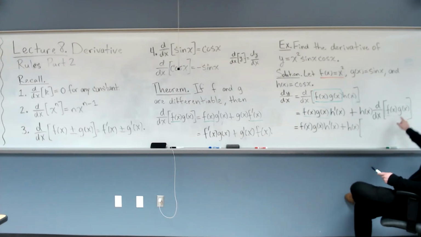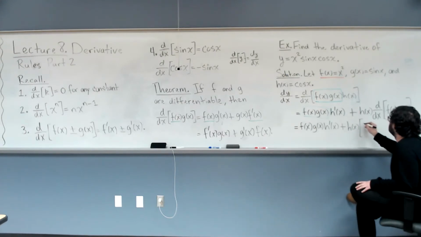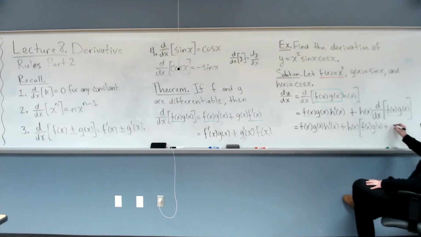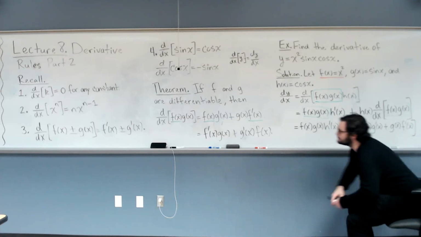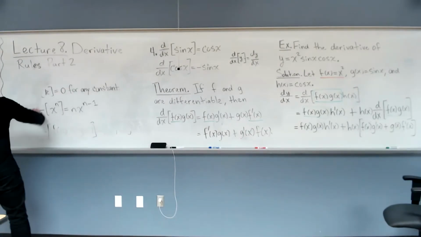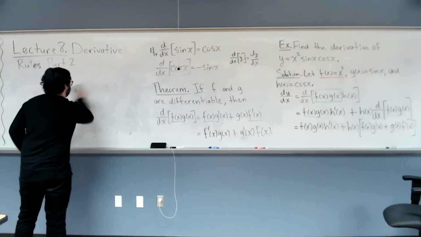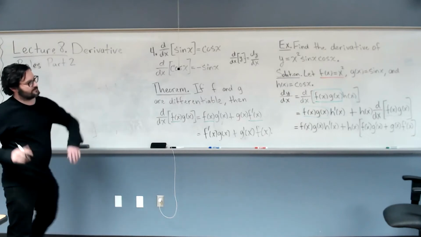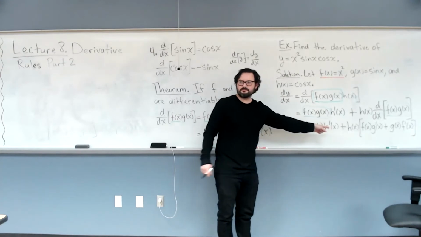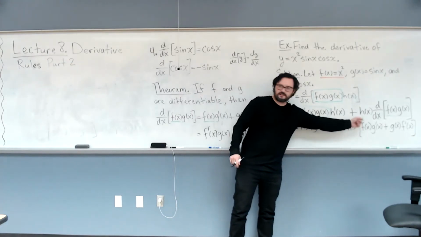So this will be equal to f of x times the derivative of g of x plus g of x times the derivative of f of x. So all together, we have to distribute now. It's that times that sum, whatever that is.